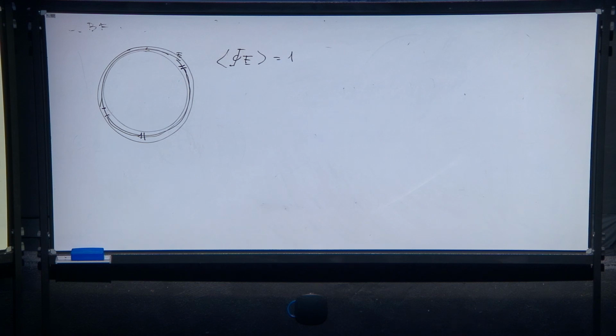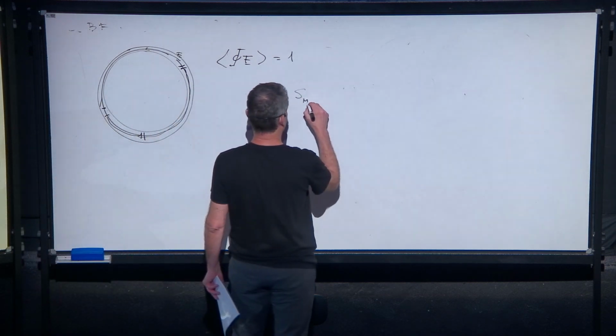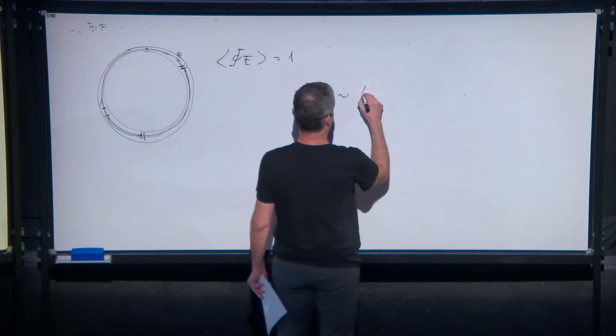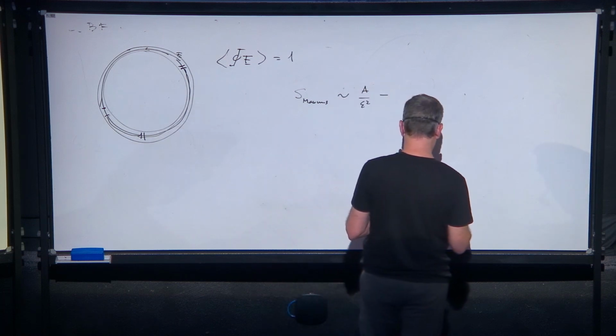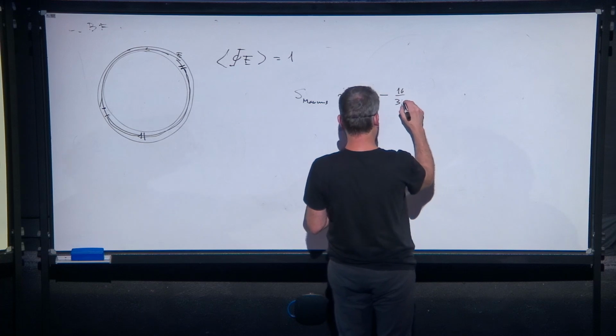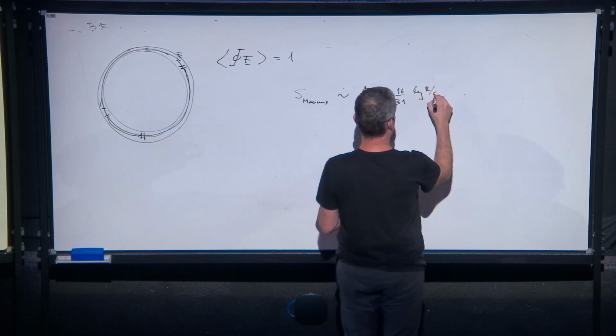So it's interesting that this same type of contribution explains one thing that was puzzling people some time ago: if I compute the entropy of the Maxwell field in 4 dimensions, it goes like an area term minus 16 over 45 log R over epsilon.